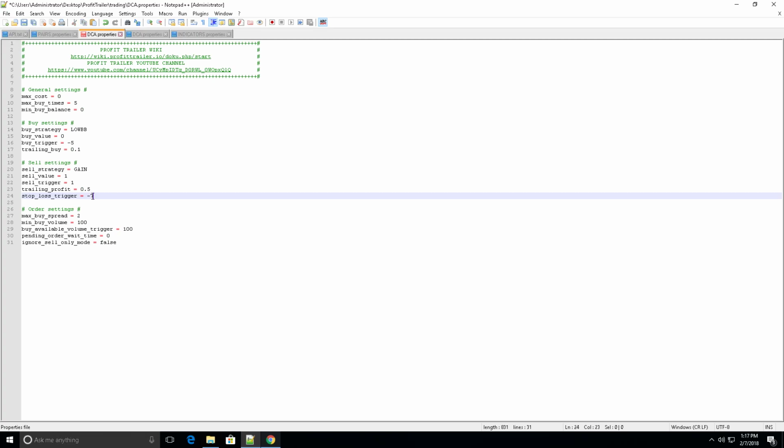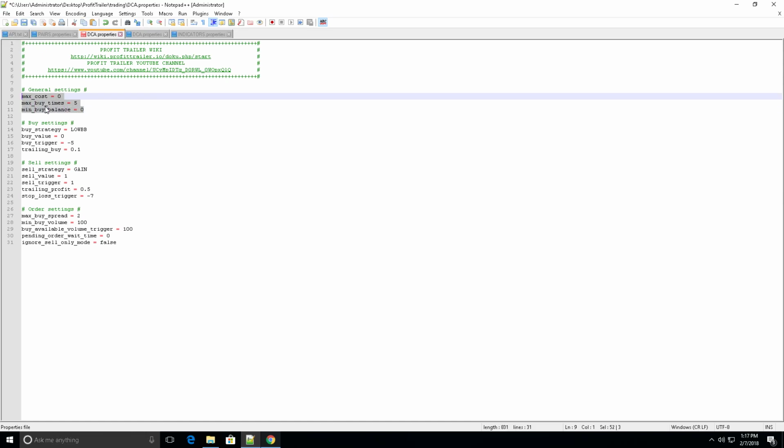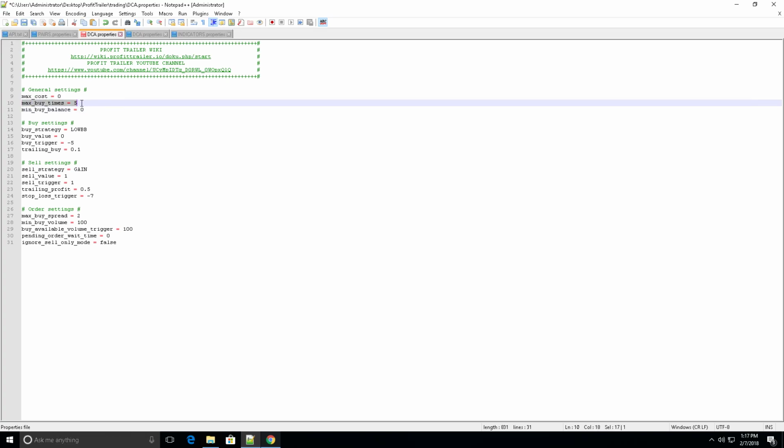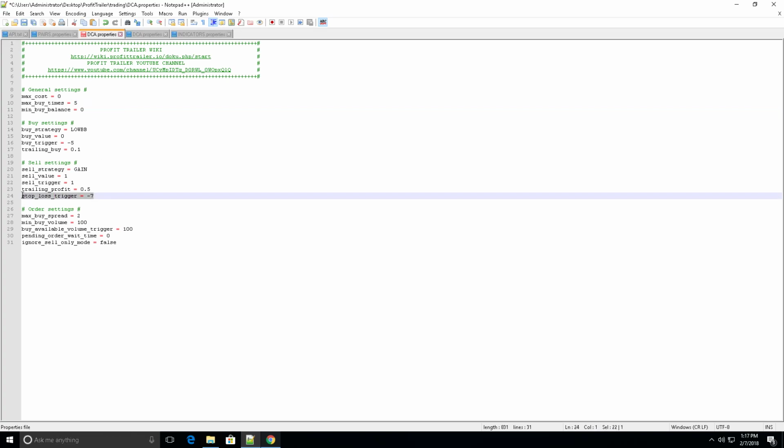But this stop loss trigger will only happen once one of these caps is reached. For example, if you use max buy times as a cap, then this stop loss trigger will only come into effect once a coin has already been DCA'd 5 times.